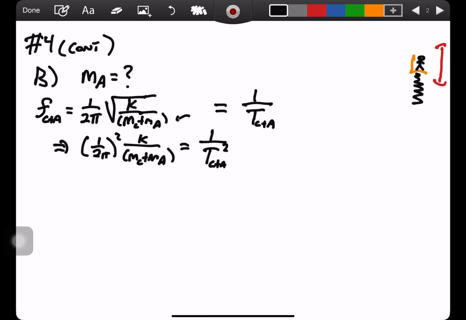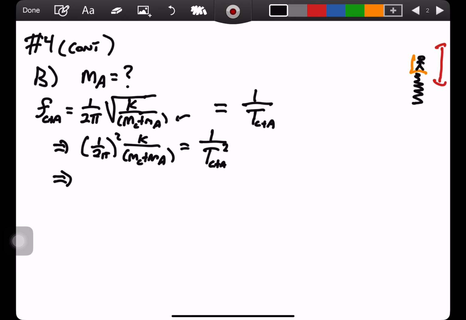So what I'm going to do now is a little bit more algebra. Because I ultimately want to solve for ma, I want to get ma up in the numerator somewhere. So I'm going to multiply both sides by the quantity mc plus ma.